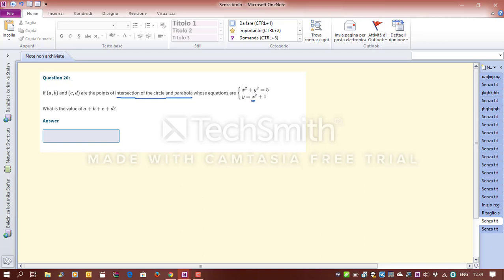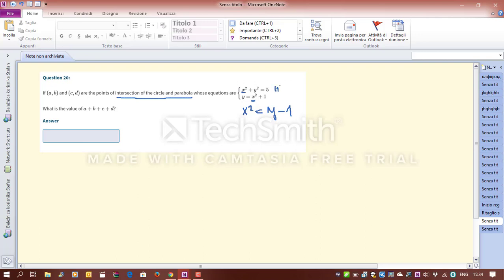Because we have x squared here and here, the best will be to replace this term of the second equation in the first equation. So from the second equation I have that x squared equals y minus 1.